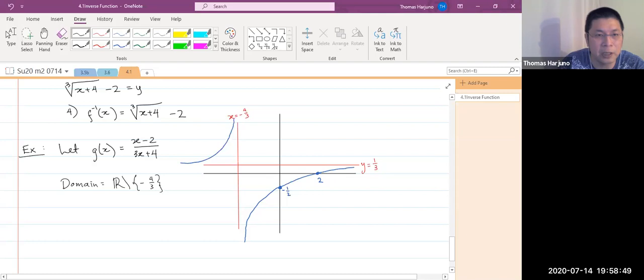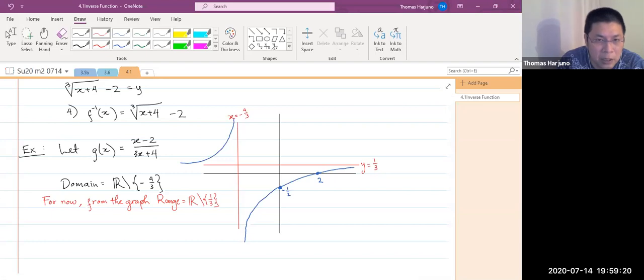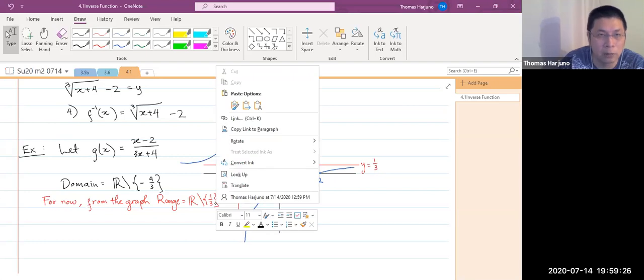From the graph, we see that the range is all real numbers except 1/3. Right? Okay. Now, we will use the inverse function to find the range systematically, not relying on intuition or the graph.